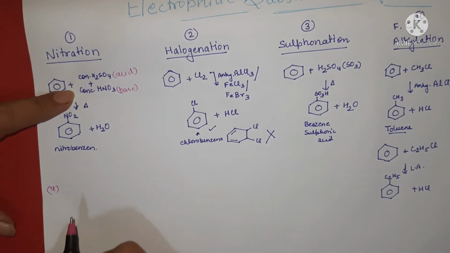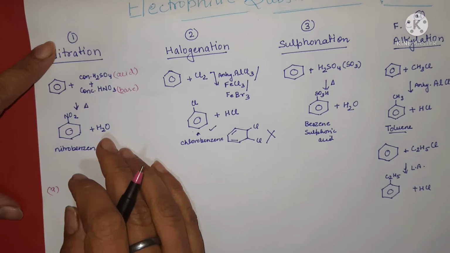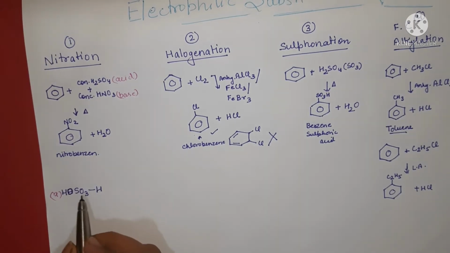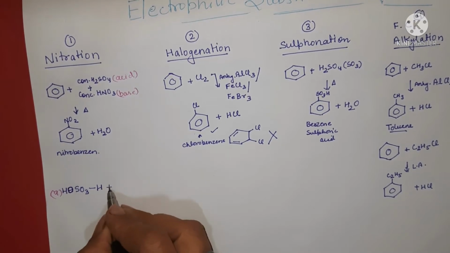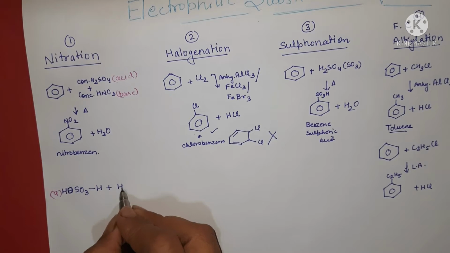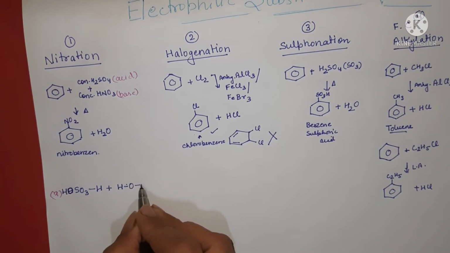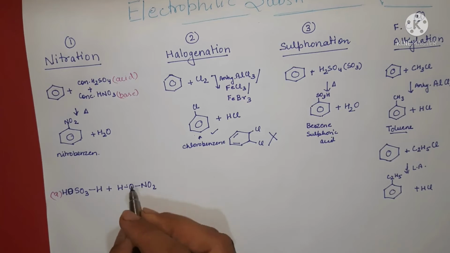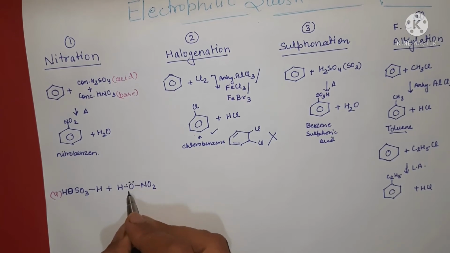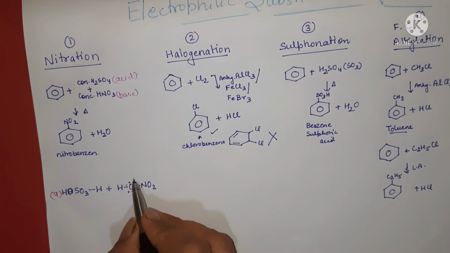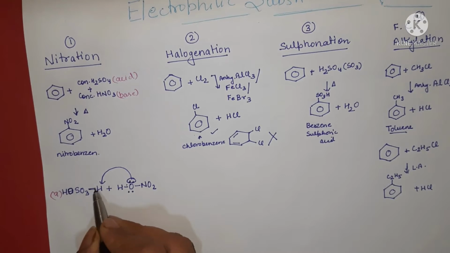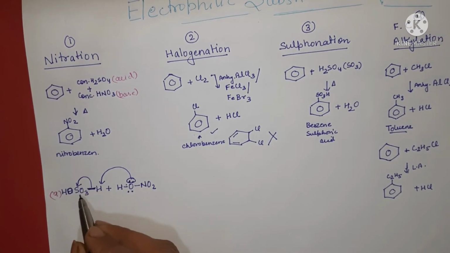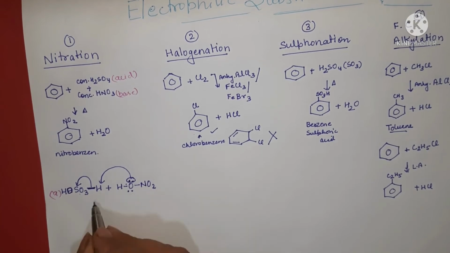Let's have a look at the first step of nitration. H2SO4 has 2 H and 4 O, so I can write it like this, plus HNO3 written like this. So this lone pair abstracts this proton, and the proton of the bond will shift onto this HOSO3 group.